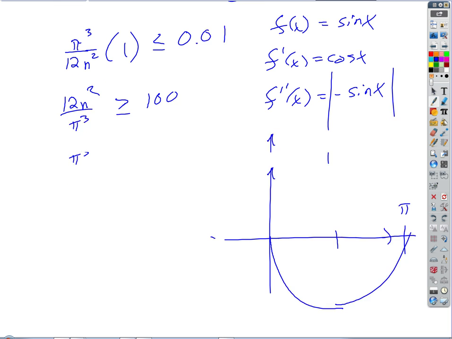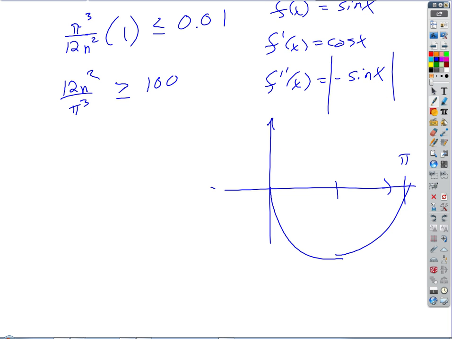So then, if we divide by 12 and multiply by pi cubed and take a square root, aren't we just going to get n is greater than or equal to the square root of 100 pi cubed over 12, which is what?